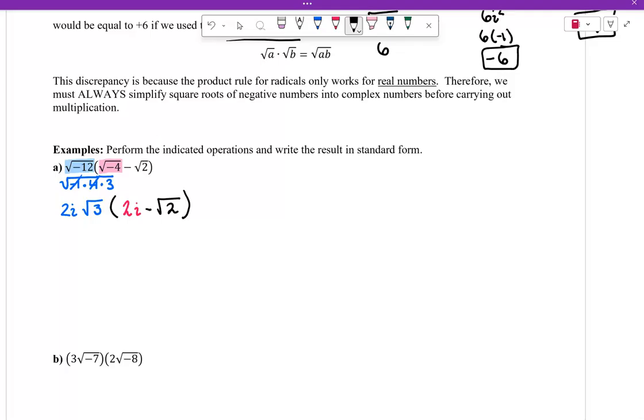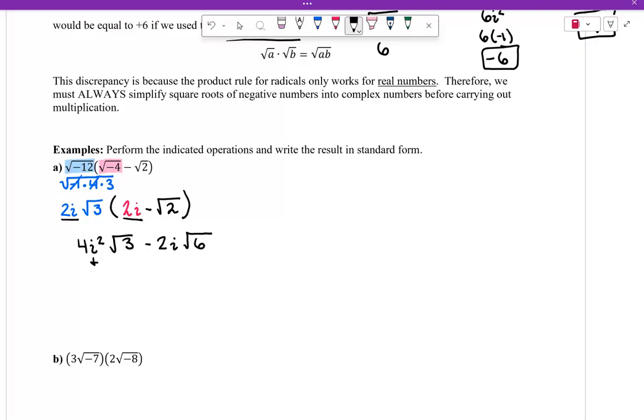Okay, so now since we simplified the negatives underneath the radical, now let's go and multiply it out. So 2i times 2i, because they're both on the outside, is 4i squared, and then we have square root of 3, minus 2i square root, and then 3 times 2 is 6.